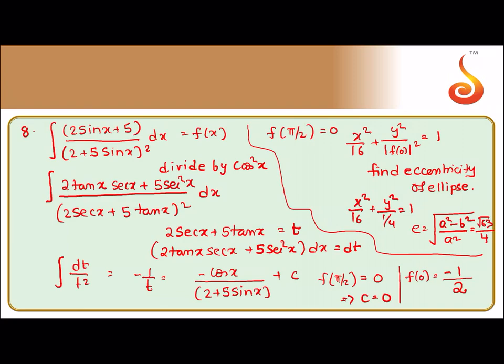One minute, we have to just confirm it. So a square minus b square by a square will come. There's a small error. So what happens? This 4 will also come, 64. 64 means 8 will come.